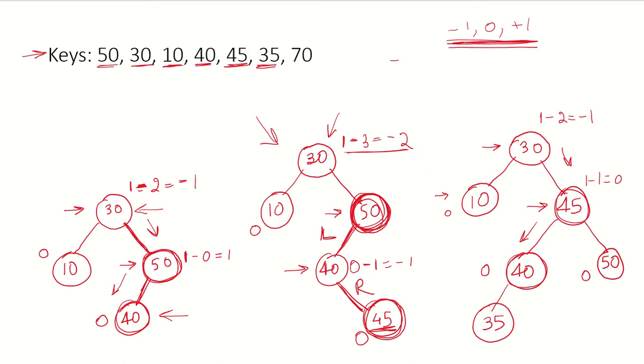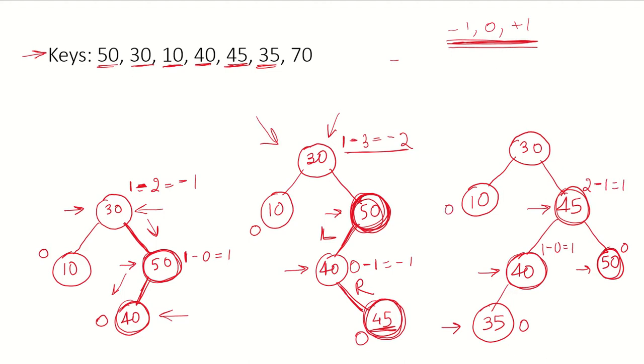Now if we start comparing the balance factors again. For this node balance factor is 0. For this one, 1 minus 0, which is equal to 1. For this node it is 0. For this node it is height of left subtree, which is 2, minus height of right subtree, which is 1, so 1.